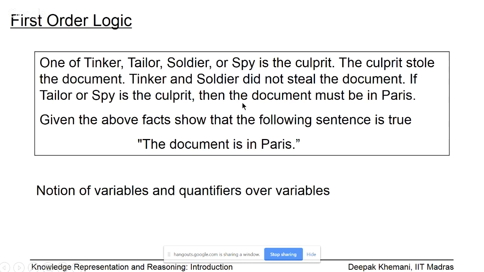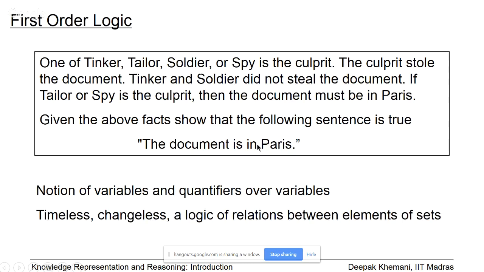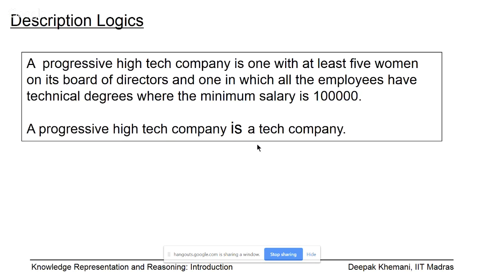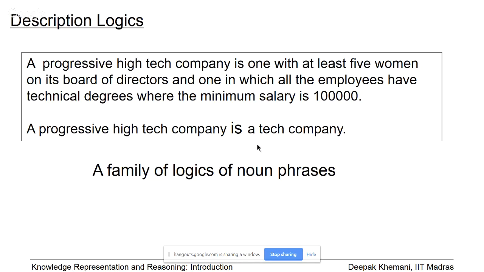We don't know who the culprit is, and so in first order logic, we represent the culprit by saying that there exists somebody who must be the culprit essentially. And the notion of variable and quantifiers over variables is introduced in first order logic, and we'll do a very quick review today again.